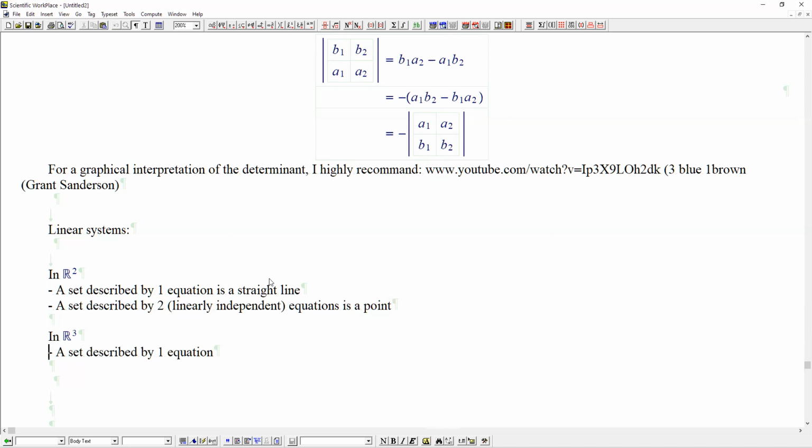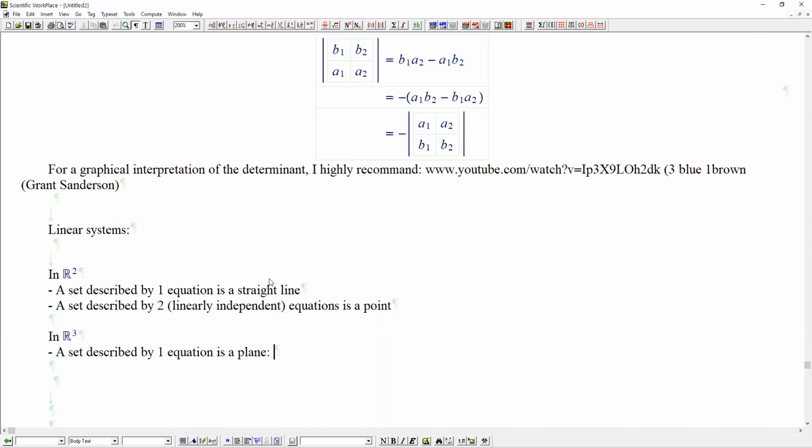In R3, a set described by one equation is, you have to know that or guess. A 3-dimensional plane. Yes, a plane.